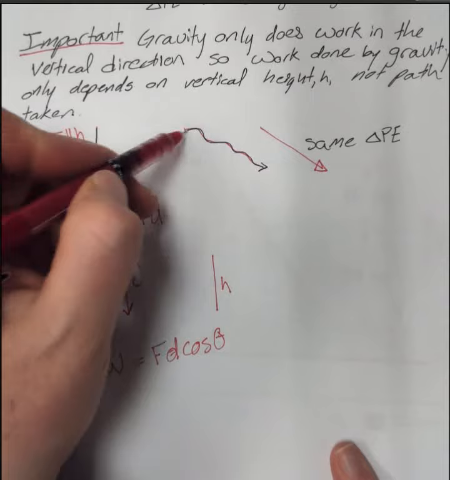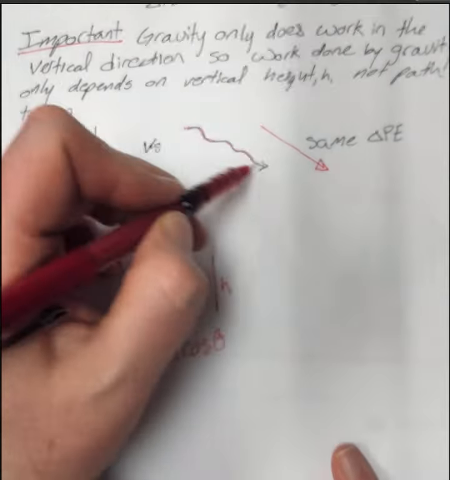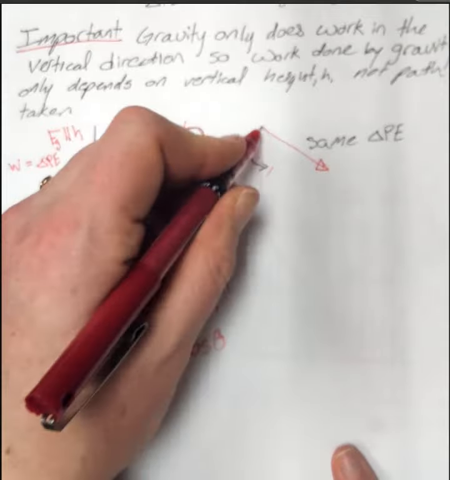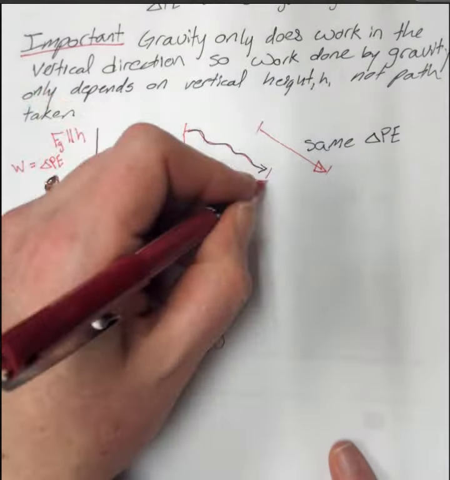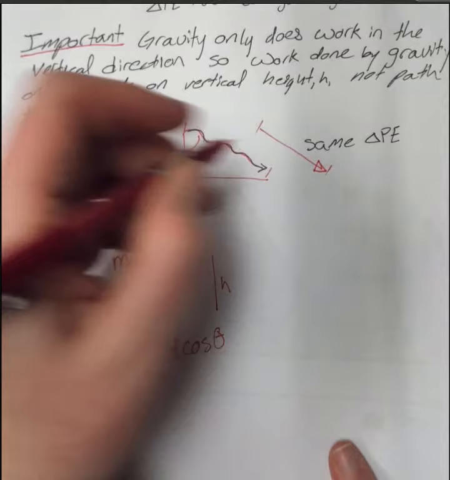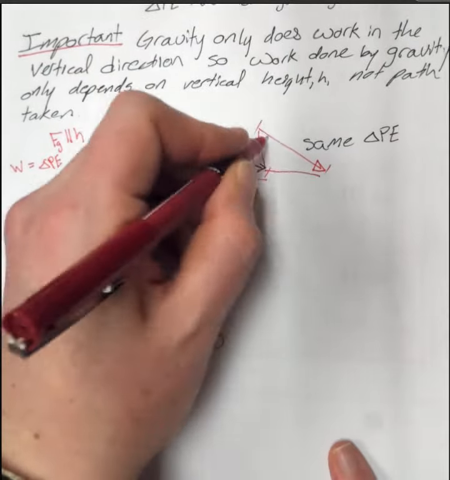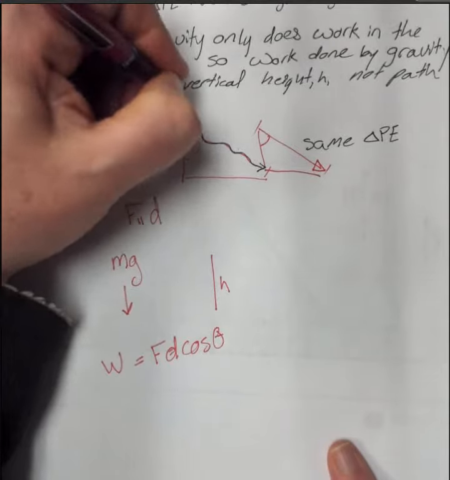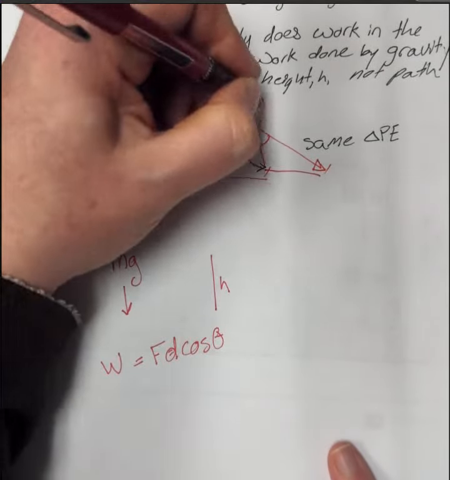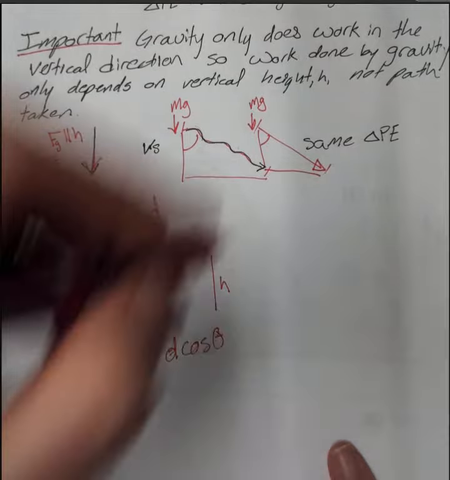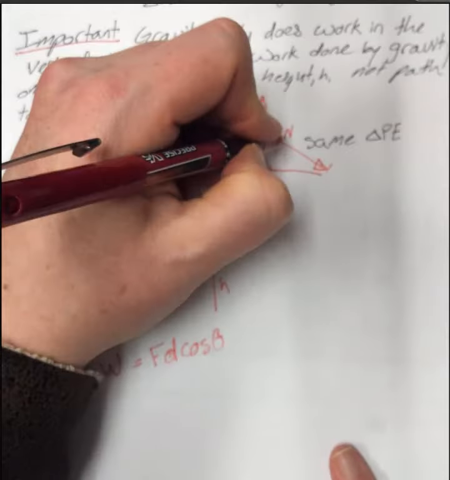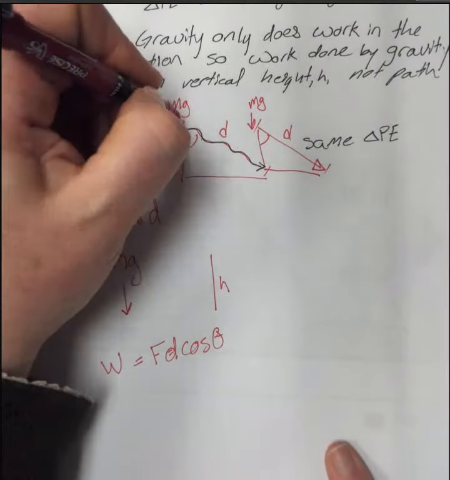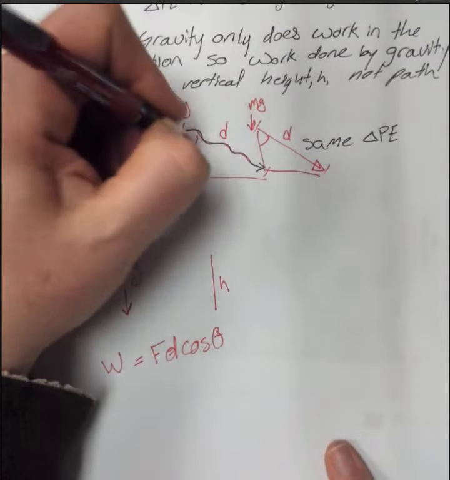In this situation, it's following a really weird non-vectorial path, but overall, for this situation and this situation, right, for that angle, well, here your force mg is downward, and it's traveling along this distance here, and the force and the displacement are separated by this angle theta.